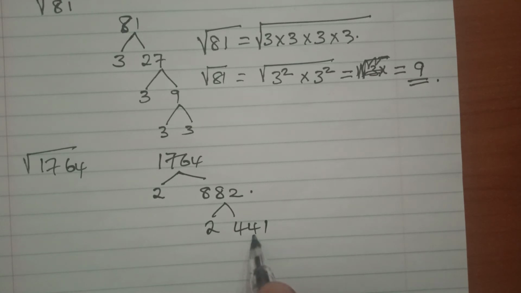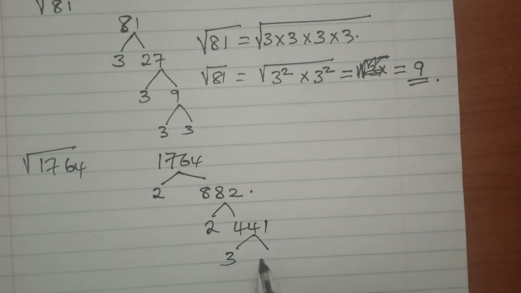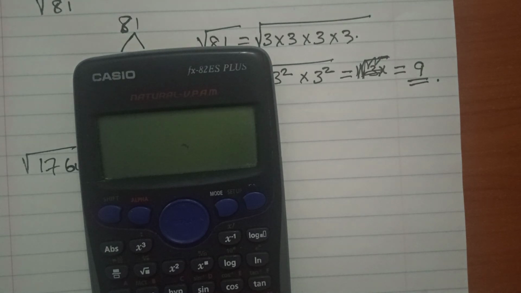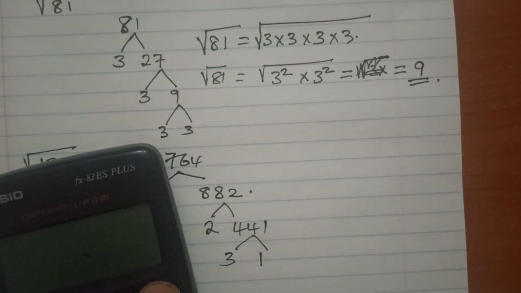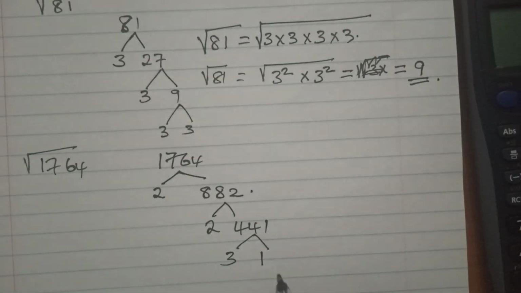Can 3 divide 441? Yes. 441 divided by 3 is 147.